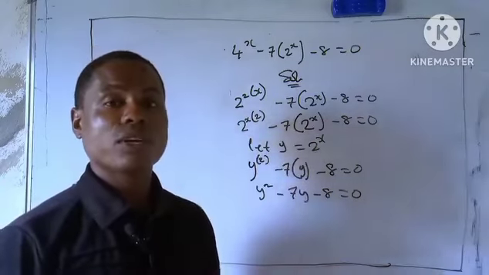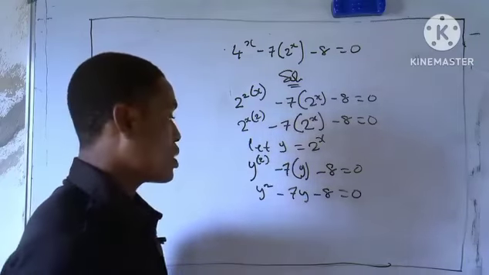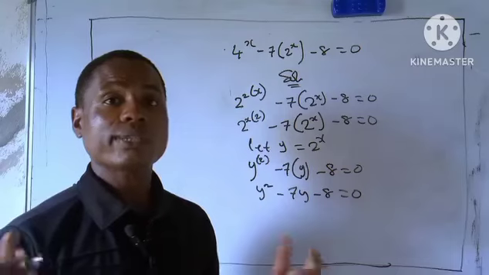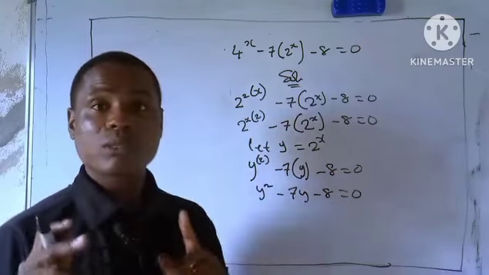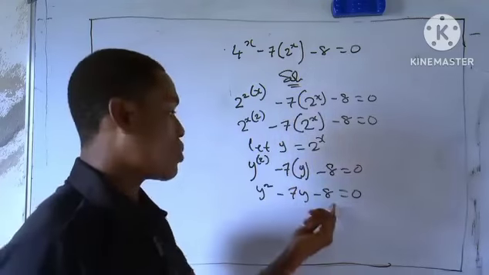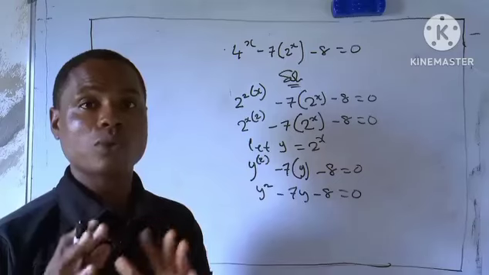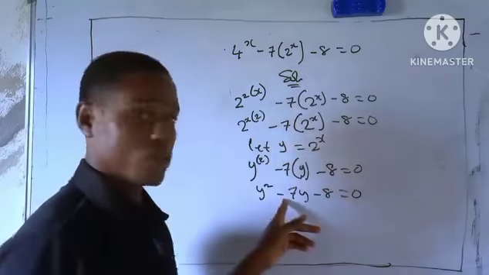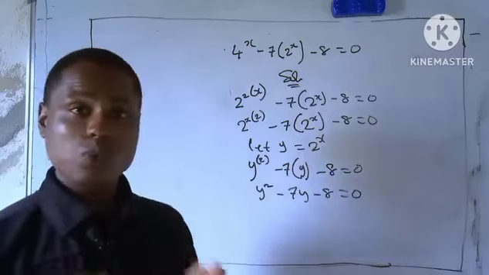So if you want to use the factorization method to solve quadratic equations, the first thing you need to do is to think of two numbers in such a way that when you multiply those two numbers, it will give you negative 8. And at the same time, if you add up those two numbers, it will give you negative 7. So what are those two numbers?